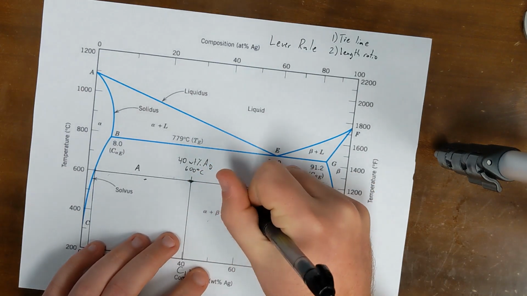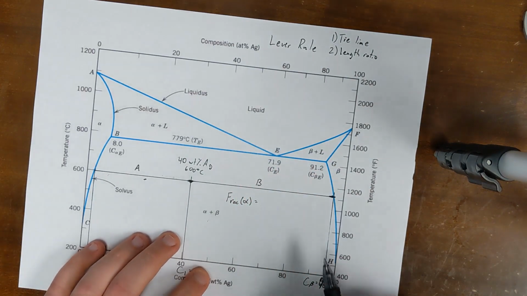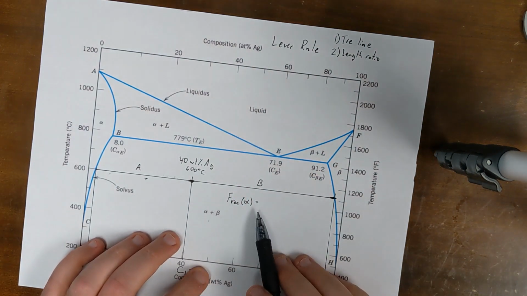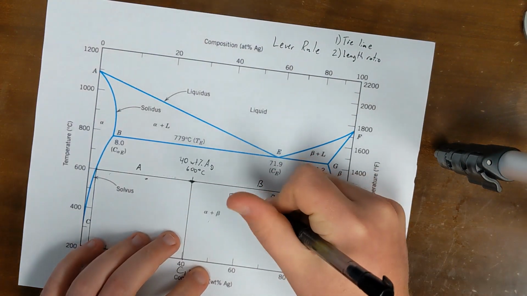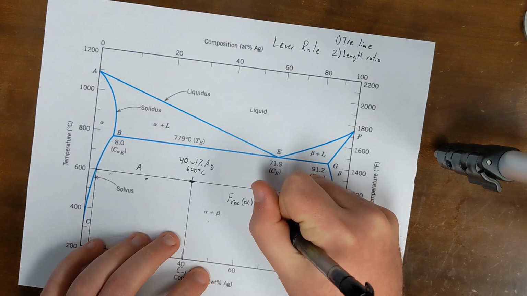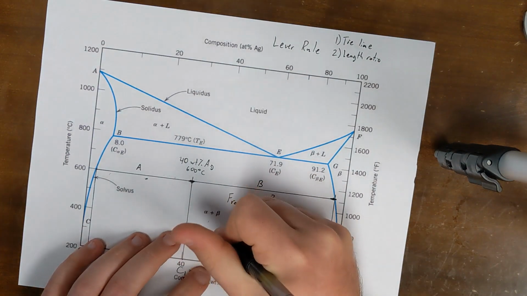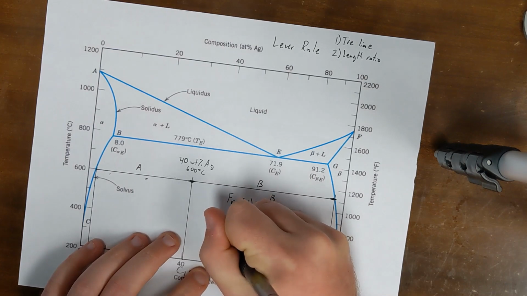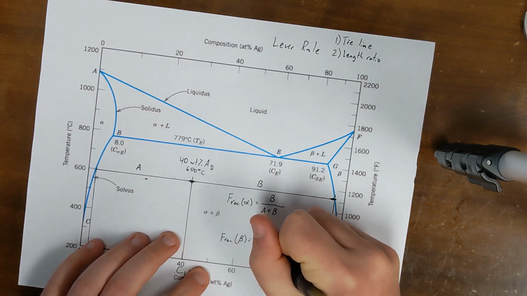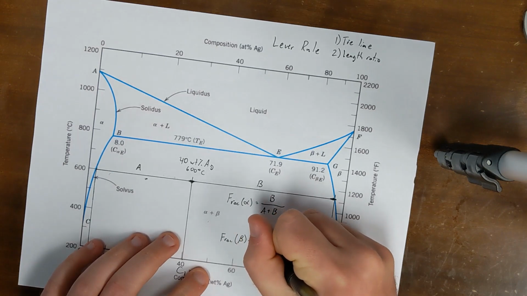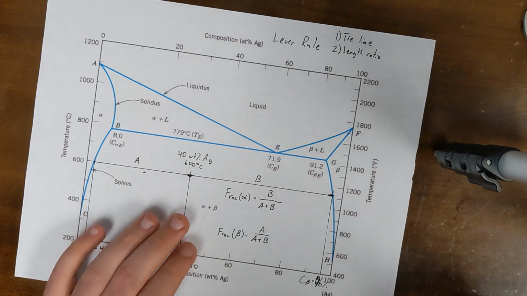The fractional amount of alpha in our system is the length of the opposite side from alpha divided by the total length, right? So it's going to be B divided by A plus B. Similarly, the fractional amount of beta is going to be A length over A plus B, right? So it's just the opposite.